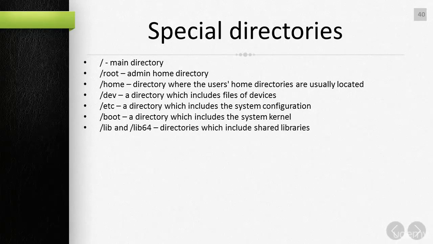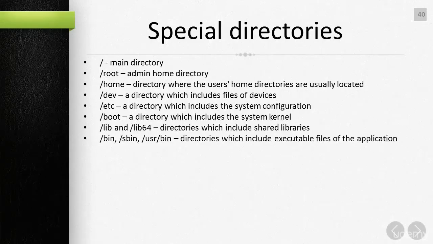The /lib and /lib64 directories are respectively 32 and 64-bit shared libraries, counterparts of the DLLs on Windows. The /bin, /sbin, and /usr/bin directories contain the executable files of our applications. So, if we're looking for some application, it will almost certainly be stored in one of these three folders.